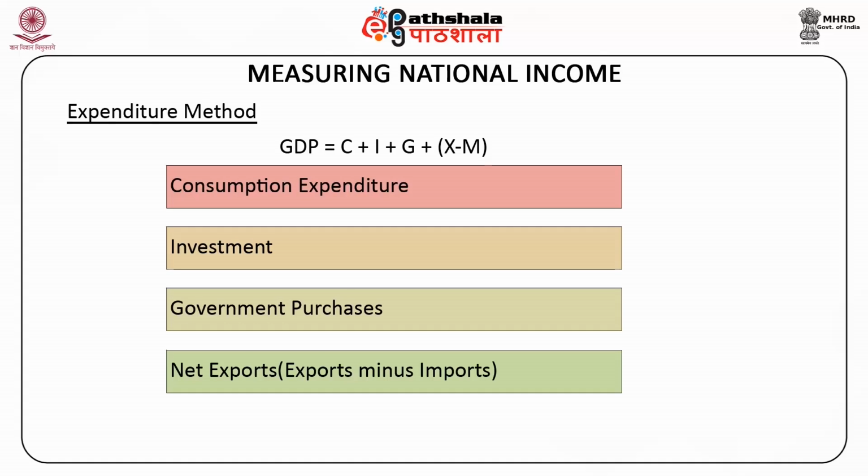Both these methods, expenditure and value added, look at the production side of the GDP. One could also look at GDP from the incomes earned by the different factors of production. This leads to the third method of calculating GDP, which is the income method.